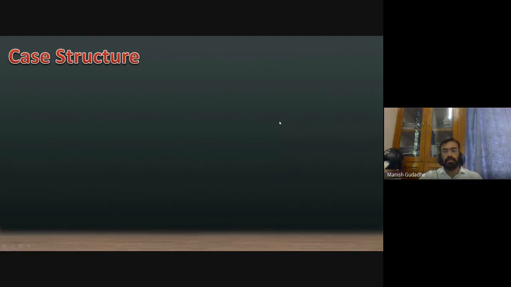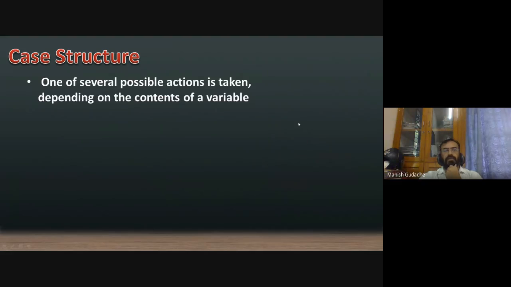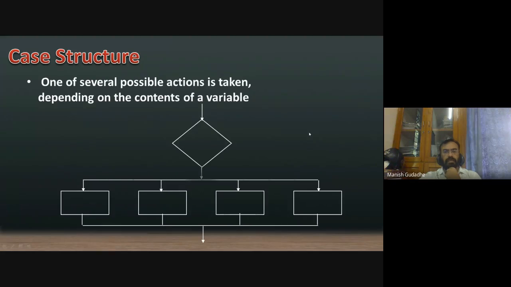The case structure, the switch case construct, you have already used, where one of several possible actions needs to be taken. It may have different values, four or five values, and only one action has to be taken. So in that case, the output will look something like this. If the decision produces this value, it is going to take this or this or this or this.